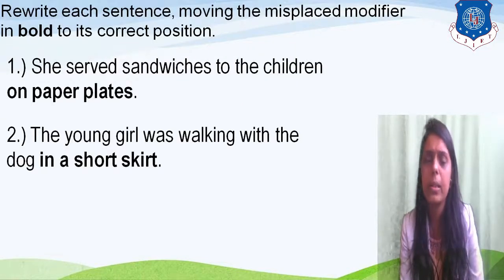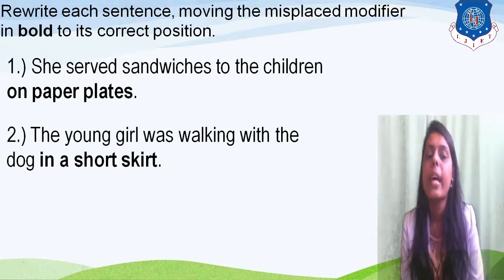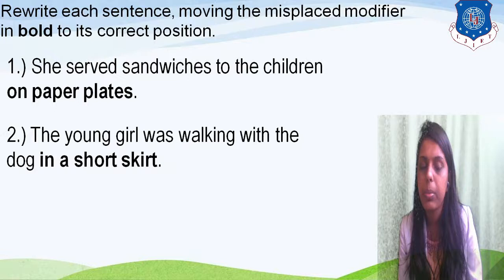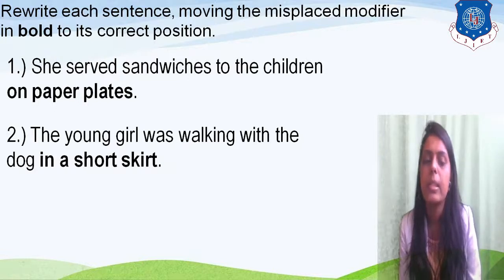Now let's take some questions so that it's easy for you to understand. Rewrite each sentence, moving the misplaced modifier in bold to its correct position. First: She served sandwiches to the children on paper plates. You have to move "on paper plates" to some other place. Second: The young girl was walking with the dog in a short skirt.